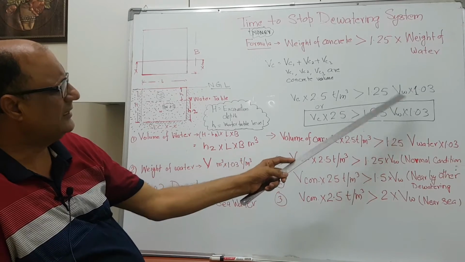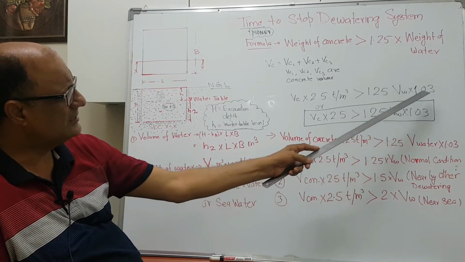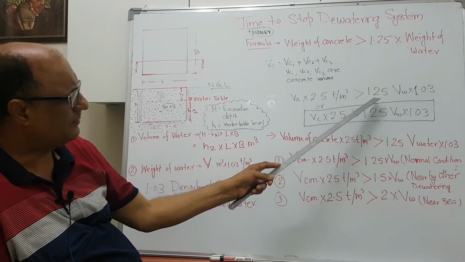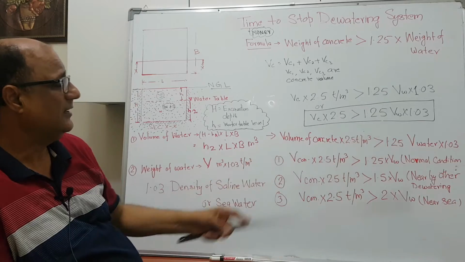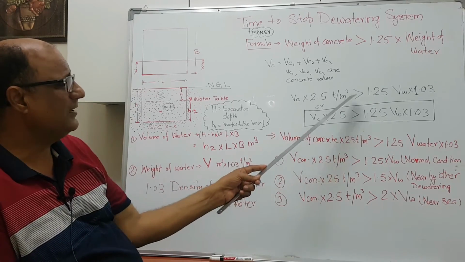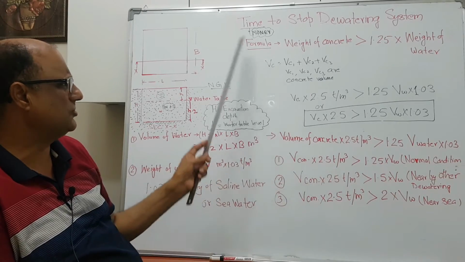So we consider, in the general condition, that if we can increase the volume of the water, or the weight of the water, by 25%, this condition will be within a safe factor of safety, or a safe time to stop.